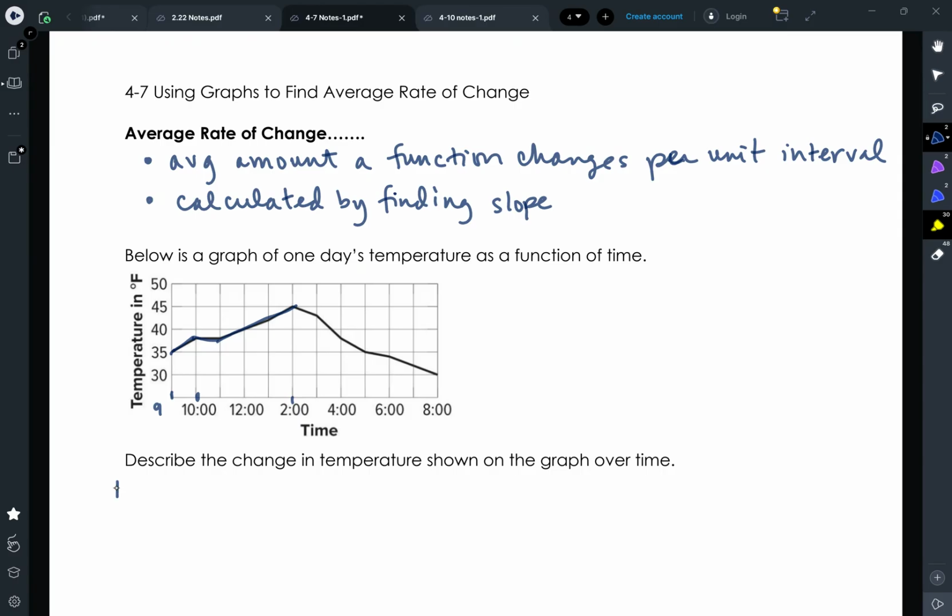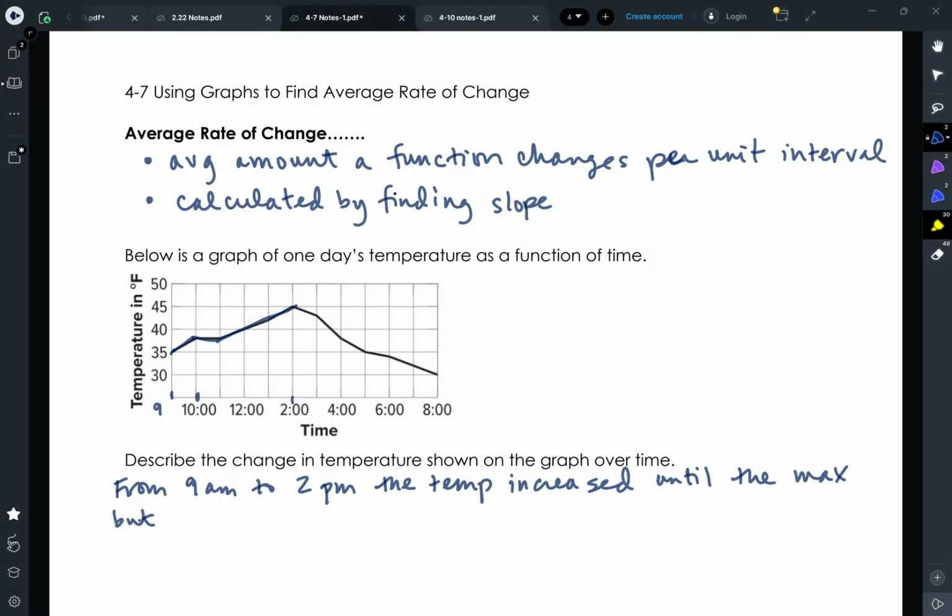I'm going to talk about just from 9 a.m. to 2 p.m. The temperature increased until the max. But not at a constant rate. It was not a constant rate of increase.